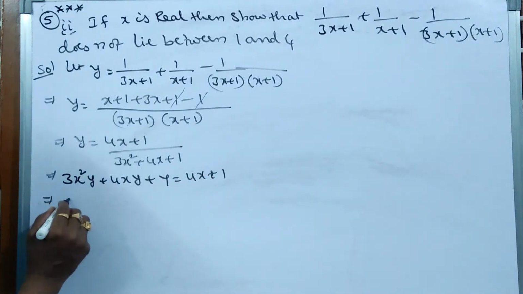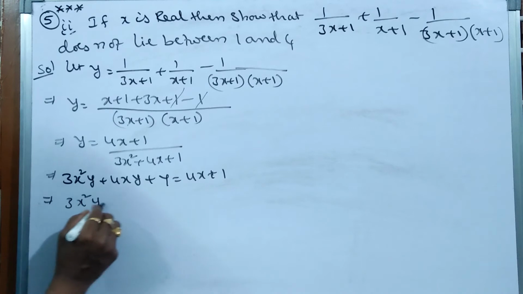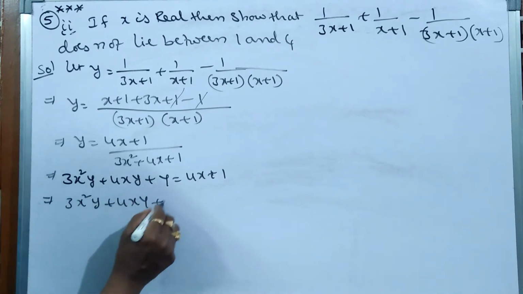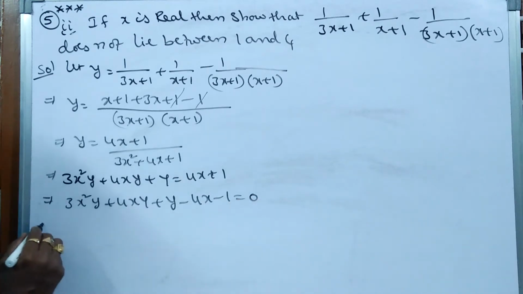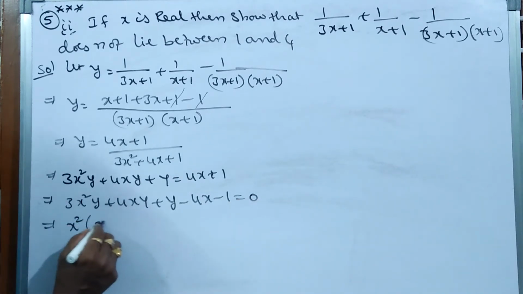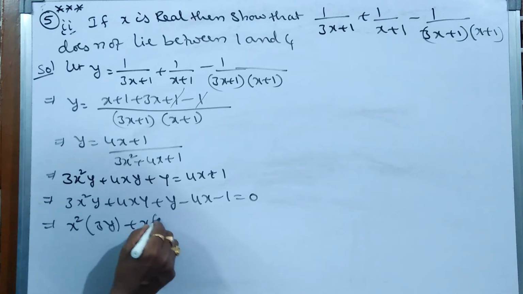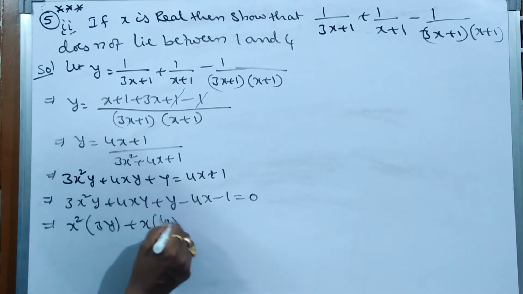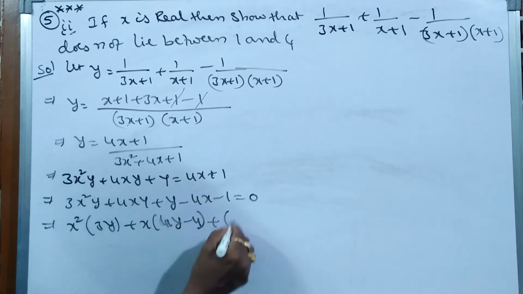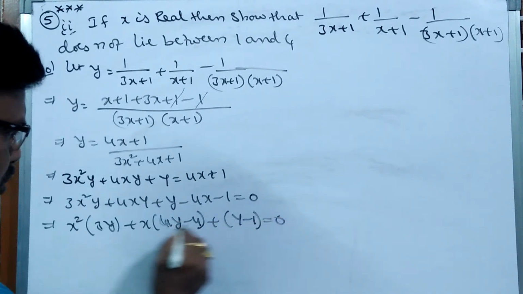Bring this down to this side. So 3x square y plus 4xy plus y minus 4x minus 1 is equal to 0. Now this implies x square into 3y plus x into 4y minus 4 plus y minus 1 is equal to 0.